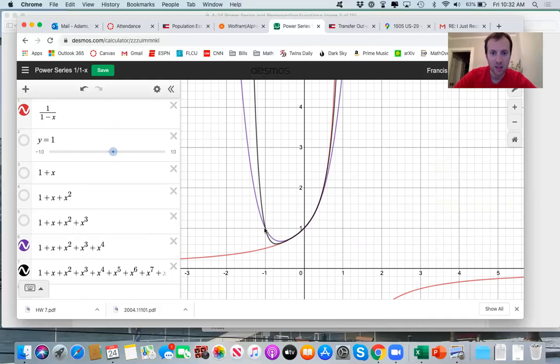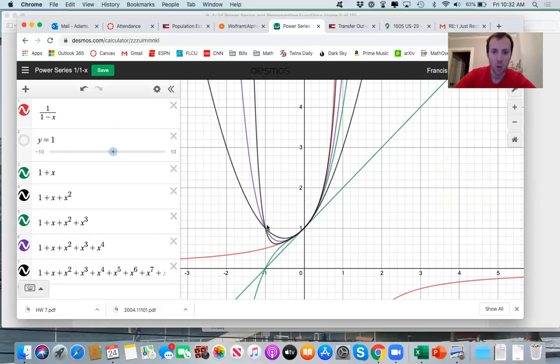At -1, the polynomials are always 1 or always 0, so they're not close to the original function here, which is a half. But we get closer and closer, or we lay down more and more of that function before we turn away and go to 1 and -1.